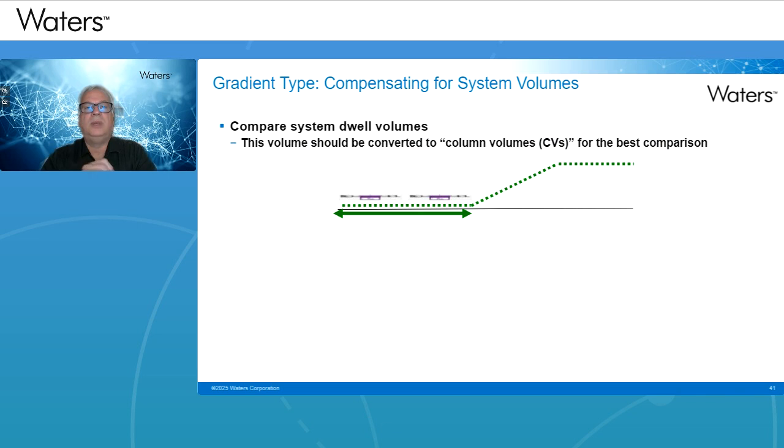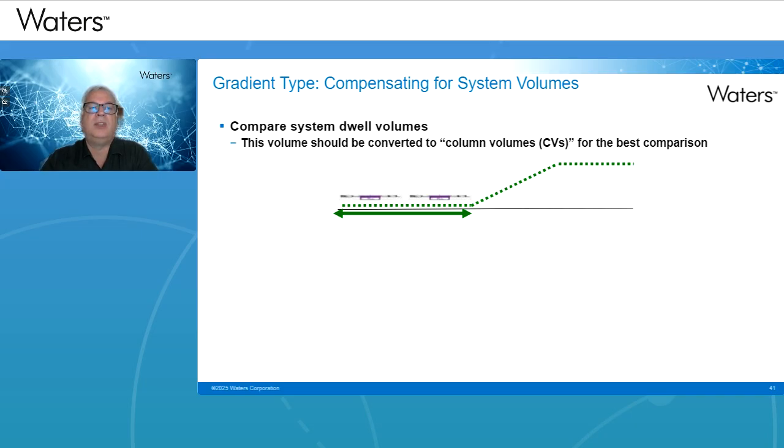Now, what will be the impact? You remember we talked about the dwell volume that we have measured. So we will convert that dwell volume in terms of number of column volumes. Imagine, let's take the example that we just gave a second ago. I was using a 2.1 by 50, so it's 170 microliter.